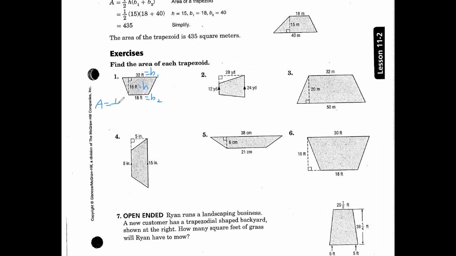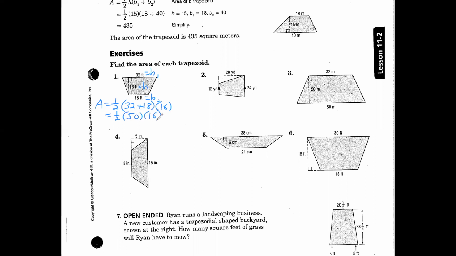Area equals 1/2 base 1. I'm going to call that 32. Base 2, I'm going to call it 18. And the height is 16. So 32 and 18 gives me 50.